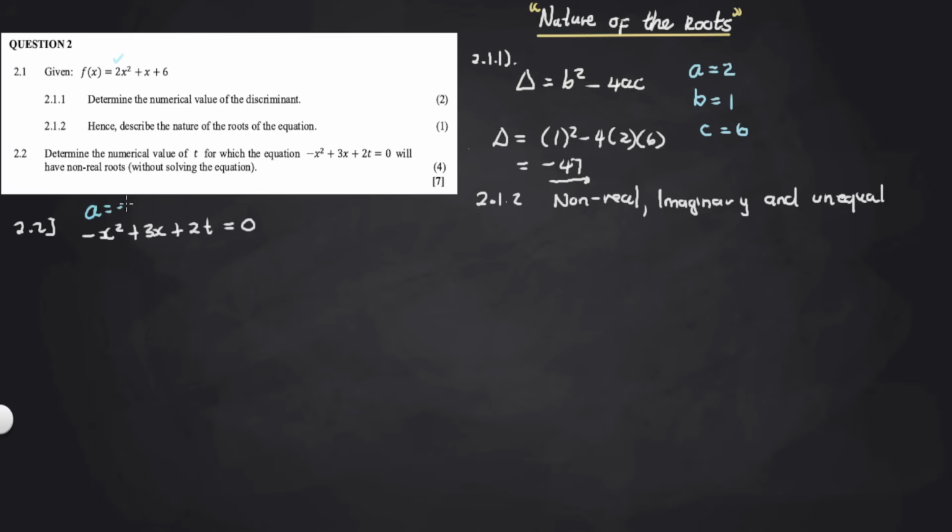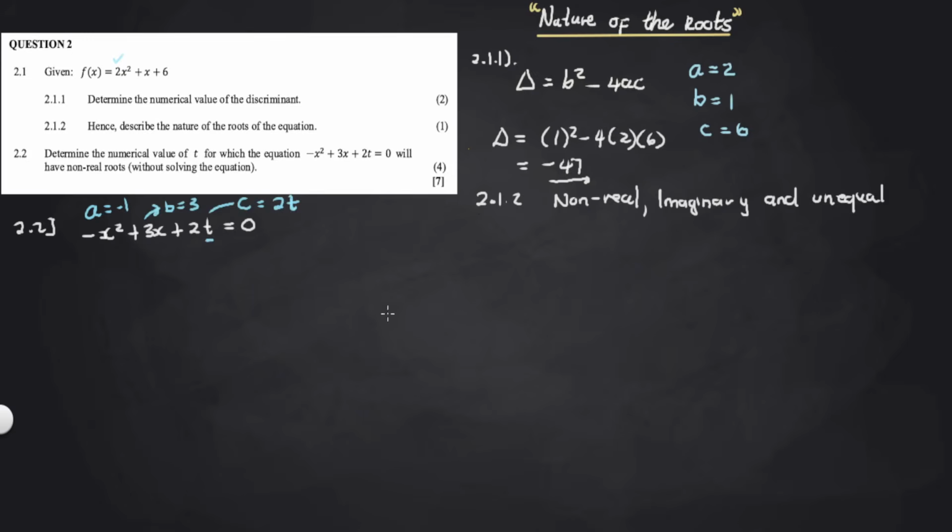A is minus 1, B is 3, and C is 2t. So the t there is not a variable. It's a constant. It goes with the 2. Okay, so we have our ABCs.